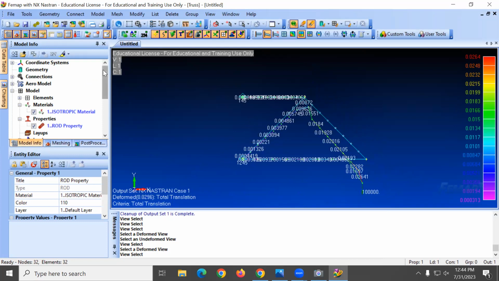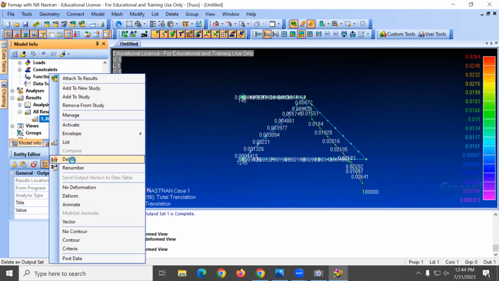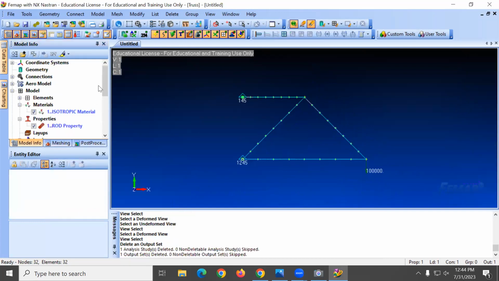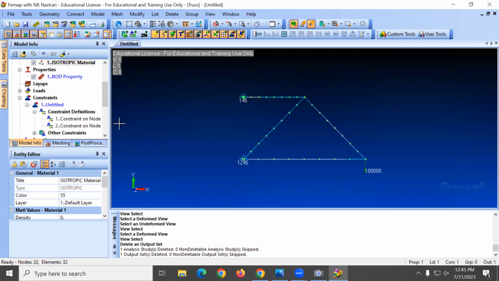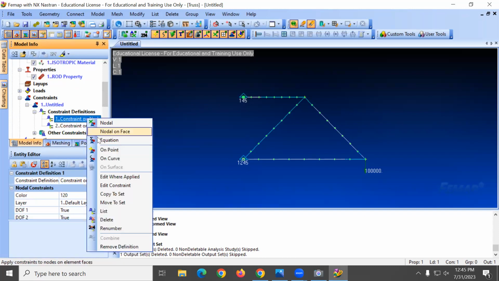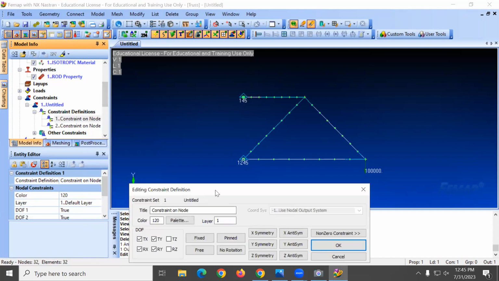Okay. Let me try to constrain a little bit more. Okay, so let's see. Model. Model, this should be good. Constraints on title. Okay, so let's see on node. We have 1, 2 nodes. So let's see, they start like this one. Edit constraints. So I think this one is this one, no? Yeah. So let's constrain also this one here.